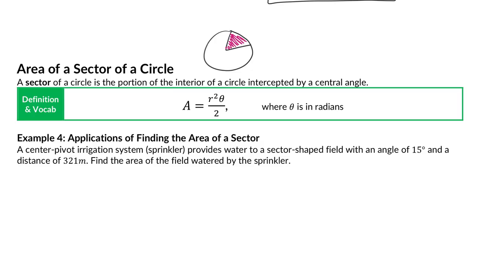So arc length was the crust, sector is the pizza slice. If we're finding the area of a pizza slice, the formula is area equal to r squared times theta divided by 2. Again, theta must be in radians. So if you're ever given a degree, convert to radians first, then you can use it.